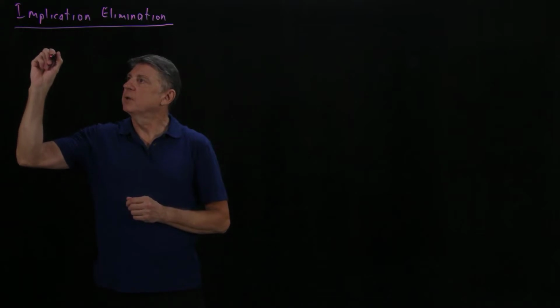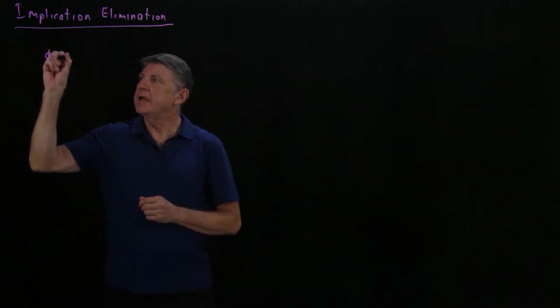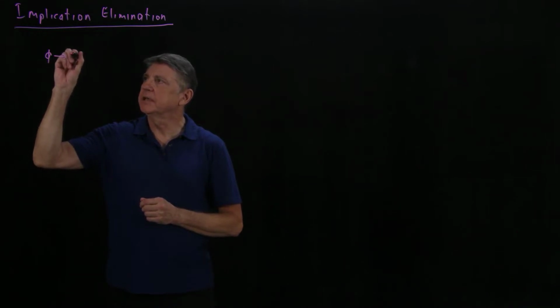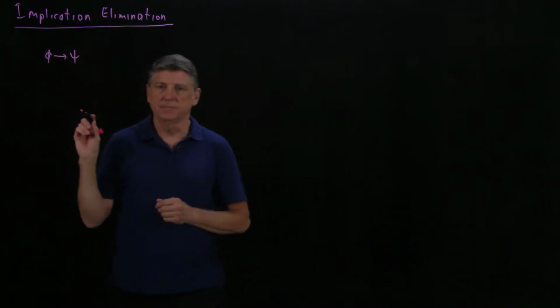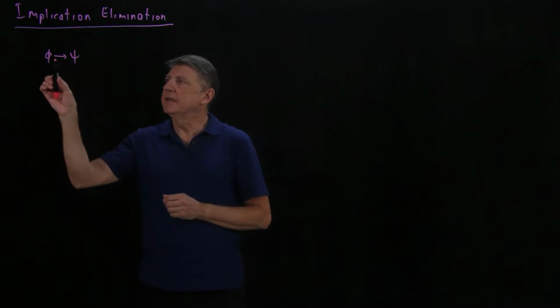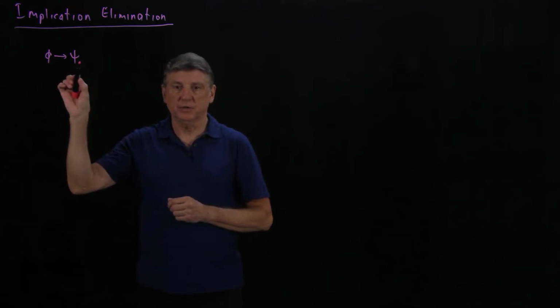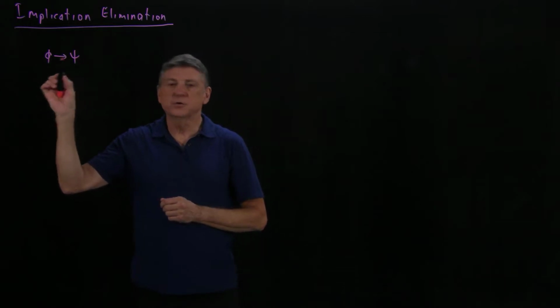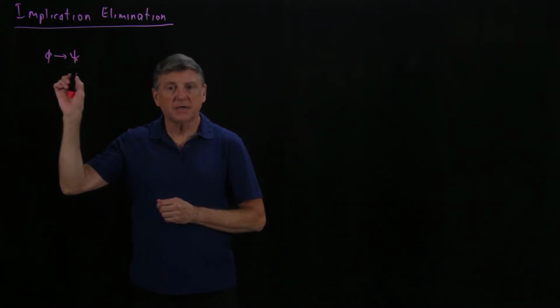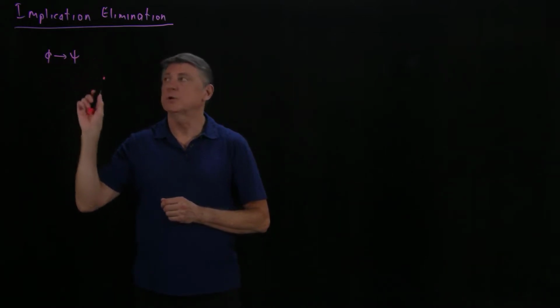When we have a formula, for example, phi, and phi material implies psi, what we're saying is that this is the antecedent and this is the consequent. Some authors will use different terms. I'll try to use antecedent and consequent.